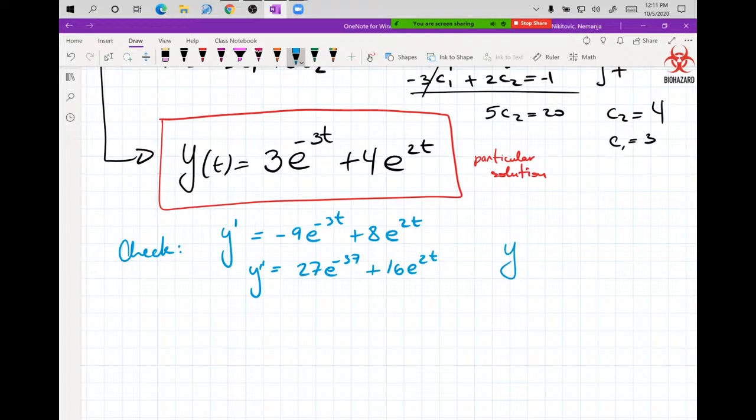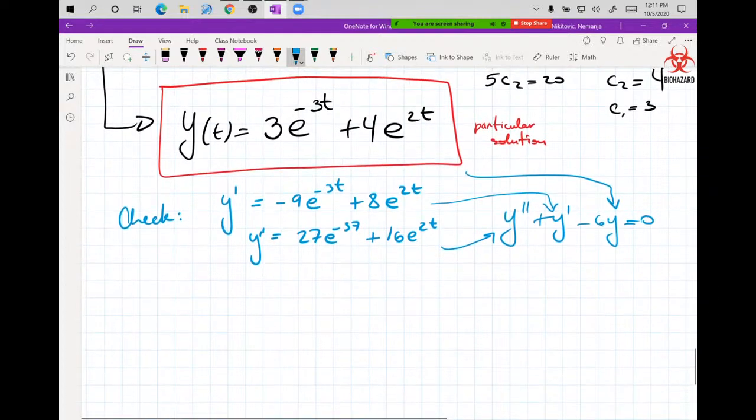Your differential equation was y double prime plus y prime minus 6y equals 0. And this goes there, this goes there, and your solution goes there. So it's going to be, right, 6 terms multiplied by negative 6. So we have 27e to the negative 3t, it should be t, plus 16e to the 2t.